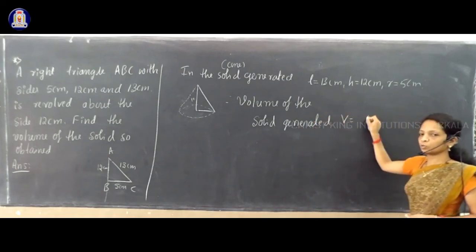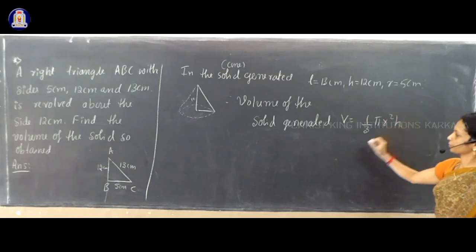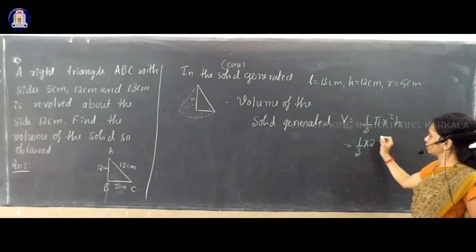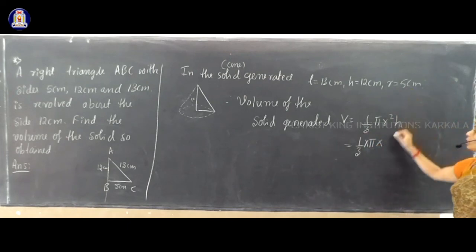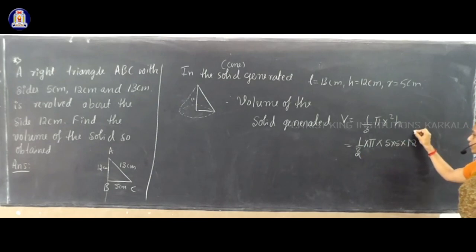V is equal to 1 by 3 into pi into r square into h. That is equal to 1 by 3 into pi, I'll keep pi as it is, and into r square. R is 5, square is 5 into 5, pi into h is 12. And here we can cancel 3 and 12 by 3, once 4 times 12.